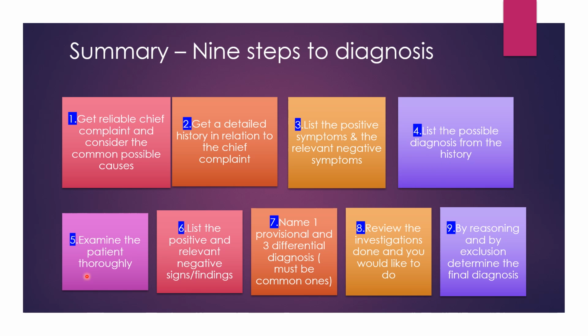Then you go to the second part. The fifth step, examine the patient thoroughly. List the positive and relevant negative signs or findings in the examination. Then you name 1 provisional and 3 differential diagnoses, which must be common ones.